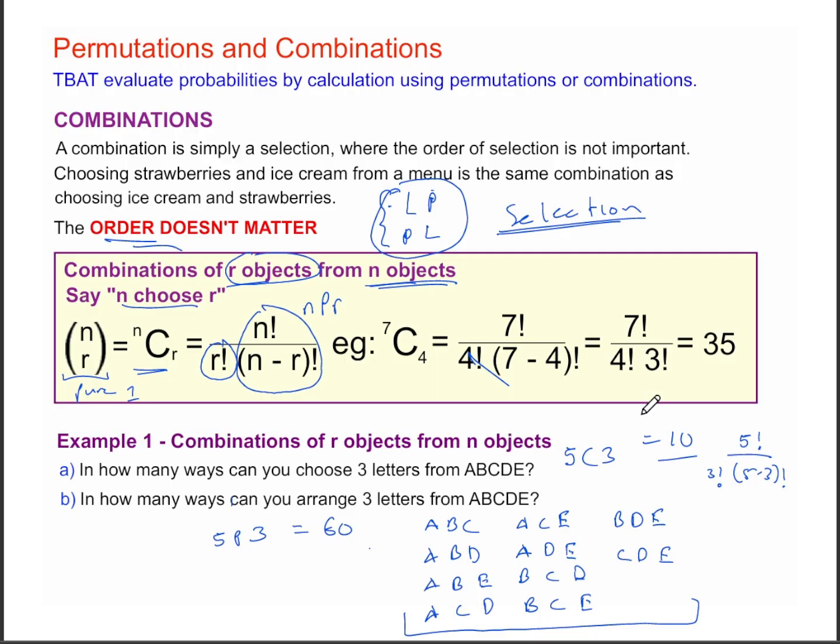So those are the 10 possible choices we can have, which is the combination part of it. Then each of these can be arranged in 3 factorial ways. Right? So what we have for our permutation is 3 factorial times our 10, which are the total number of choices that we can have for that group of 3 letters, which then gives us 60 from here.